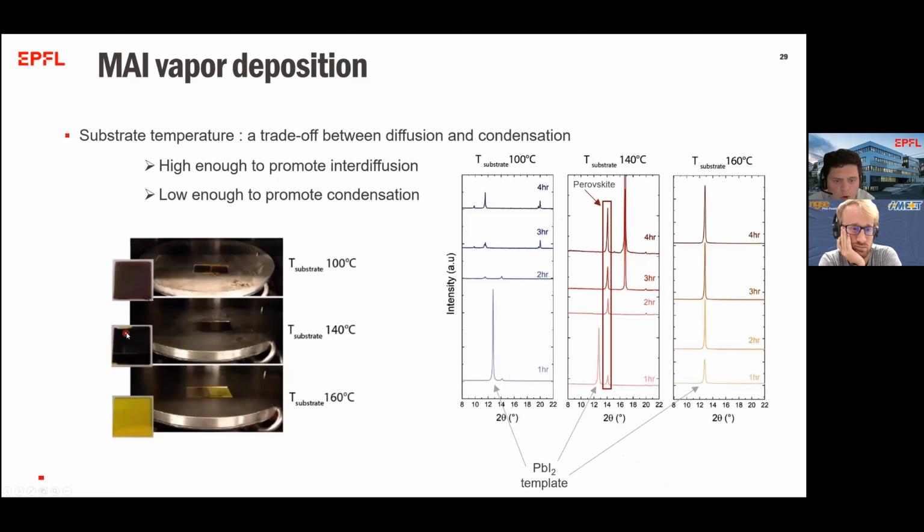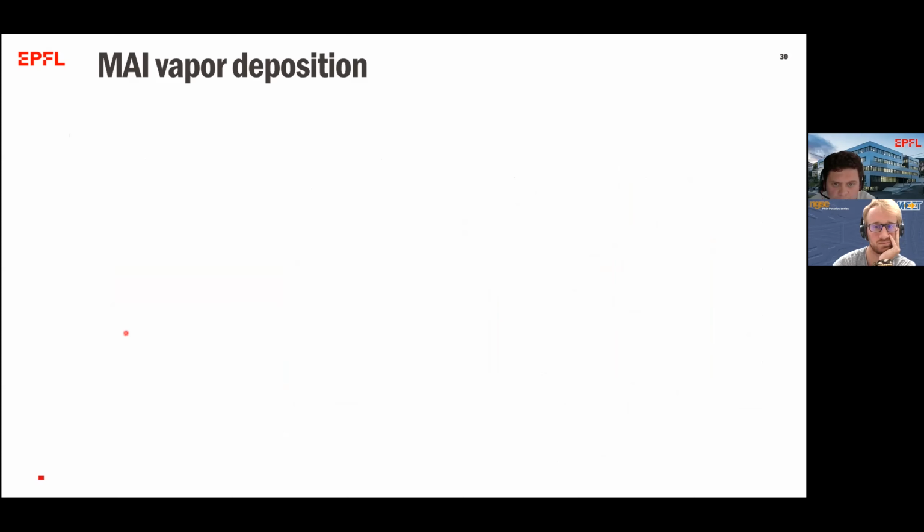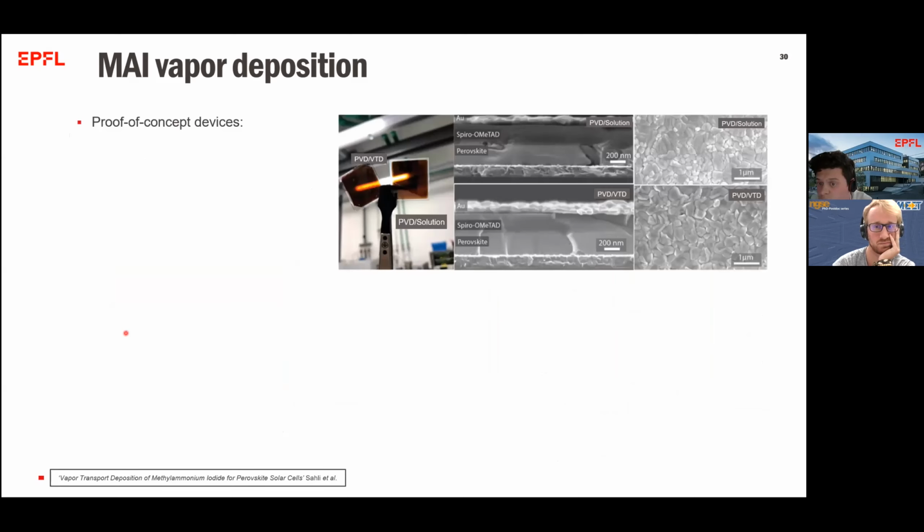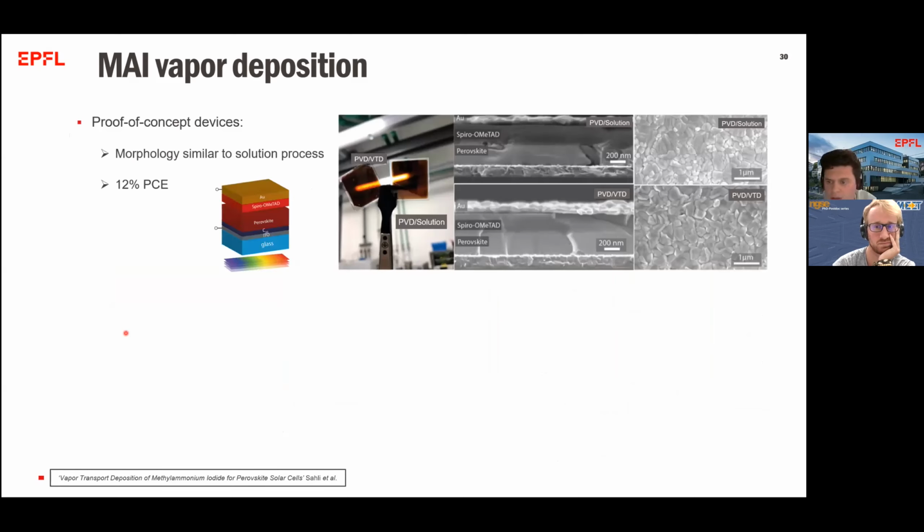The same story: you can of course also change the substrate temperature and hence modulate the rates of condensation and interdiffusion and again evaporation. And upon tuning this properly, you can get a nice perovskite film that then gives you a device, yeah, with mediocre performance, but it works. So this was a big step forward, that we got a device that works.